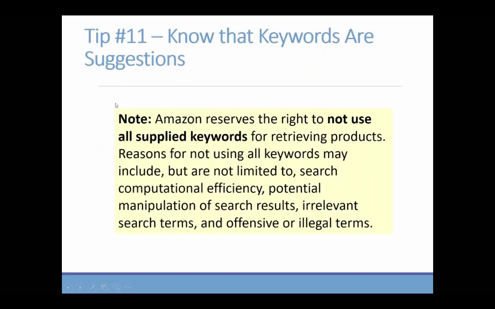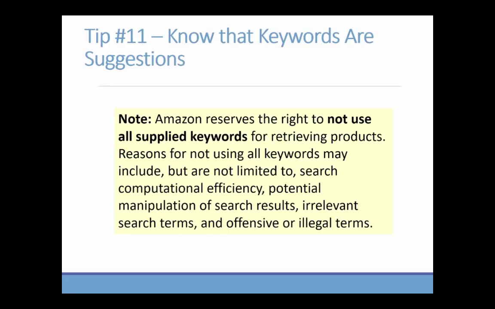Tip number 11, know that keywords are merely suggestions. Amazon is not obligated to use what you include in the back-end search terms. This is what Amazon says: "We reserve the right to not use all supplied keywords for retrieving products. Reasons for not using all keywords may include, but are not limited to, search computational efficiency, potential manipulation, irrelevant search terms, and offensive or illegal terms."